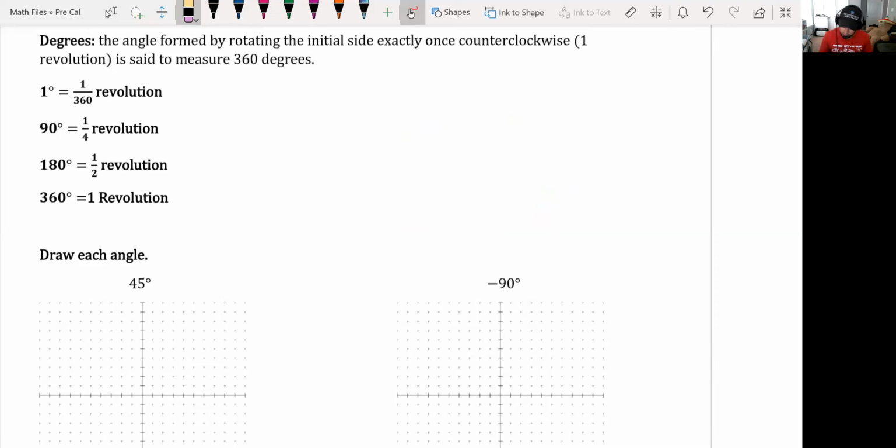All right. I guess I could represent these. I have enough time. So 1 degree, let's see.